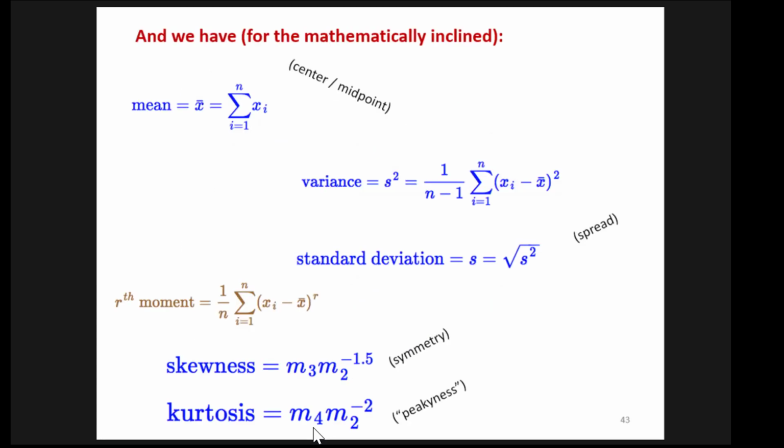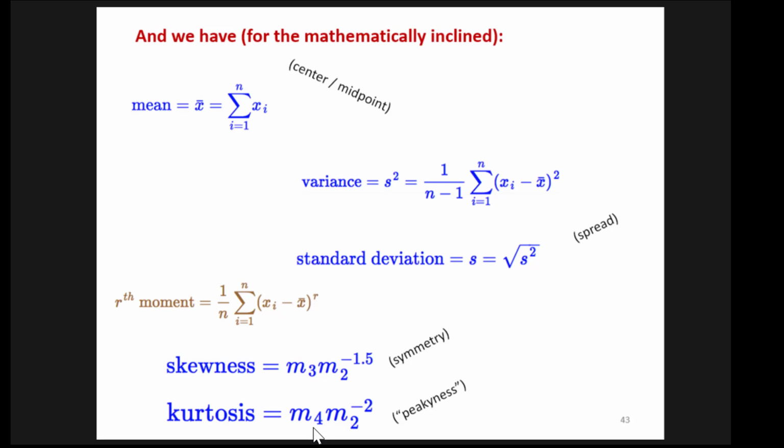If you're into the actual math here, this is the easy bit, the mean. We add them all up and we divide by n. Variance here, differences between the mean and the actual cases that we square and then add all up.